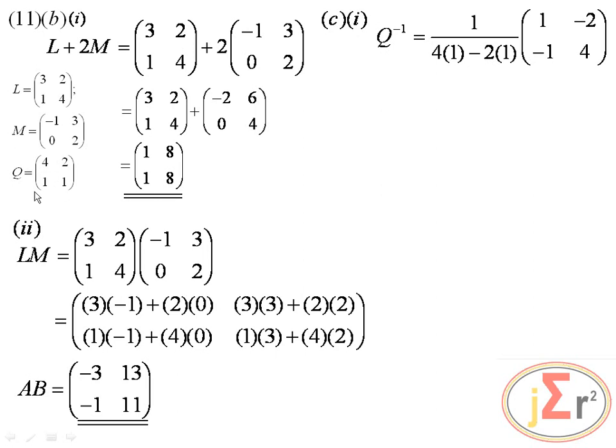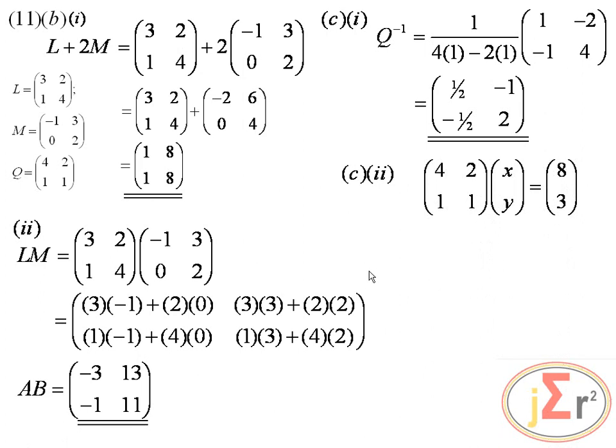So 1 over the determinant, and we multiply by the adjoint. And the adjoint is formed by exchanging the places of these two and changing the signs of these two. So there we have 4 minus 2 is 2, so a half there, and half to be taken of each one of these. So a half of 1 is half, a half of negative 2 is negative 1, a half of negative 1 is negative a half, and a half of 4 is 2.